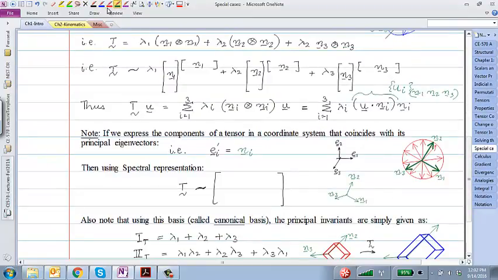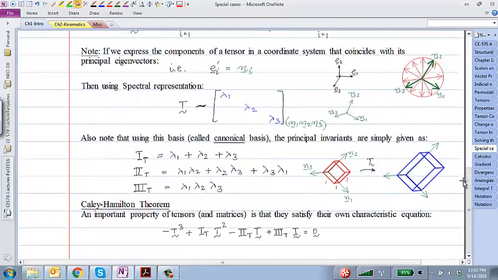That's why I was going to write this here as lambda 1, lambda 2, lambda 3 in the n1, n2, n3 coordinate system. So you could be given a tensor in some coordinate system, e1, e2, e3. You find its eigenvalues and eigenvectors, and in that particular basis, the n1, n2, n3 basis, your tensor would be diagonal. Okay, that's a very useful theorem.